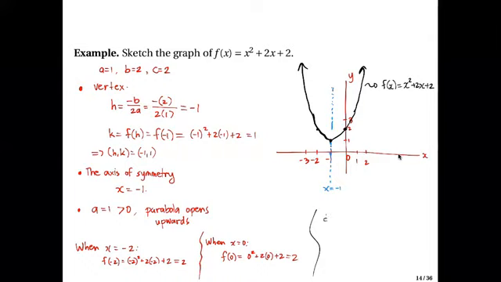Indeed, if we calculate the discriminant, we have b squared minus 4ac. This is equal to 2 squared minus 4 times a, which is 1, times c, which is 2. So this is equal to 4 minus 8, which is equal to negative 4. And indeed, it's less than 0.